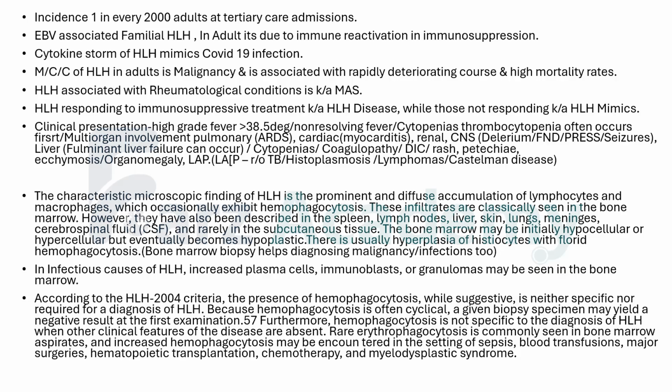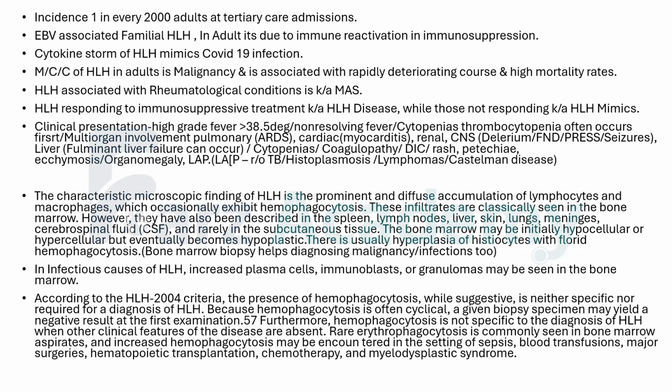Maybe hemophagocytosis might be noted when you do a biopsy of the spleen, liver, lymph nodes, or some other sites like lungs, meninges. But again, many times these patients have severe thrombocytopenia, so taking a biopsy from these other sites is risky. And it's better to go for a bone marrow biopsy, because even with low platelets of 20,000, there is no need to transfuse.